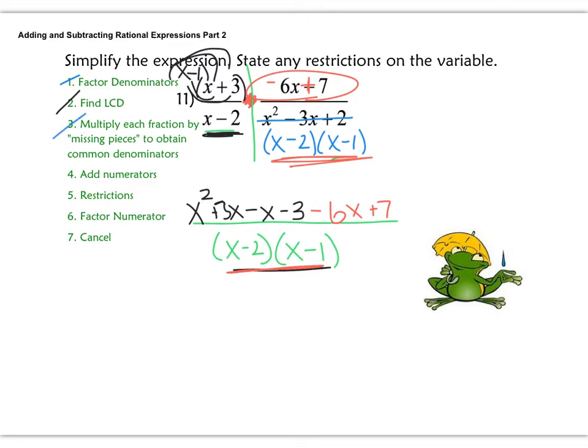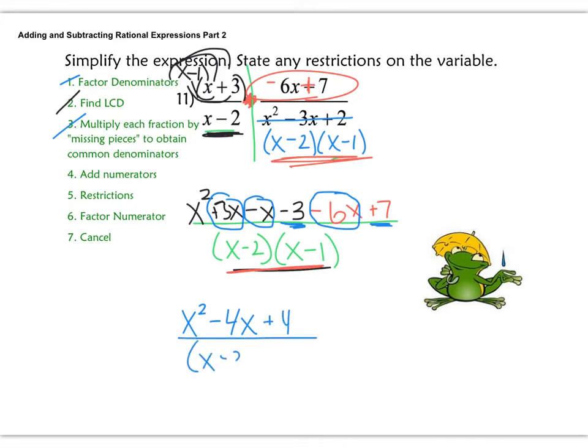Moving on, we just multiplied. Step 4 is add numerators. So let's see, we have an x squared, and then I have 3x minus x is 2x, minus 6x is negative 4x, and then I have a negative 3 plus 7, which is a positive 4, over x minus 2 and x minus 1.